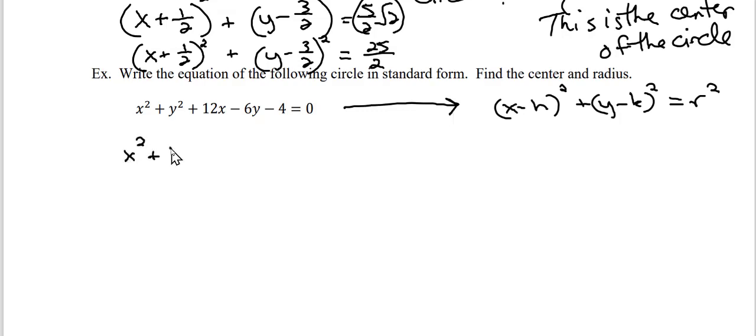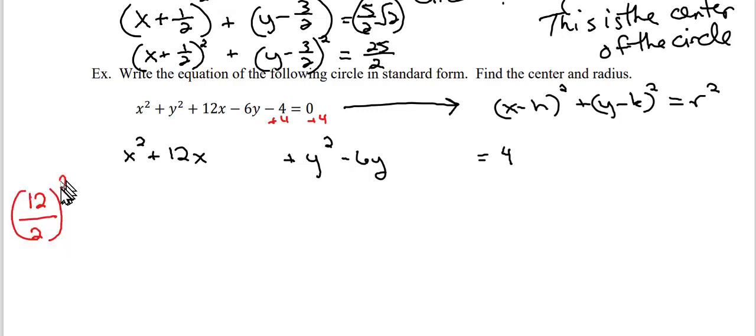I'm going to write the x terms together and leave myself a little space to complete the square in. I'm going to put the y terms together, leave myself a little space to complete the square in, and I'm going to add 4 to both sides. When I complete the square on this x squared plus 12x, I take the 12, that's my b, divide it by 2, and square it.